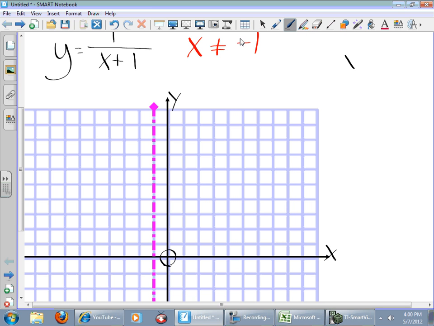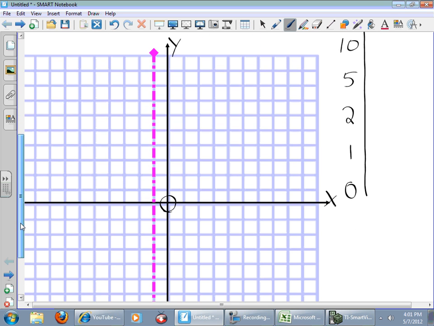So I'm going to make a t-table over here, and I'm going to stick only with positives. And you're not going to have to do this with all the graphs, but I'm going to make a few extra points because it's the first time we're doing it. I'm going to put in some large numbers like 10, and then medium, and then 2, and then 1, and then I might as well put 0 in. 0 is okay.